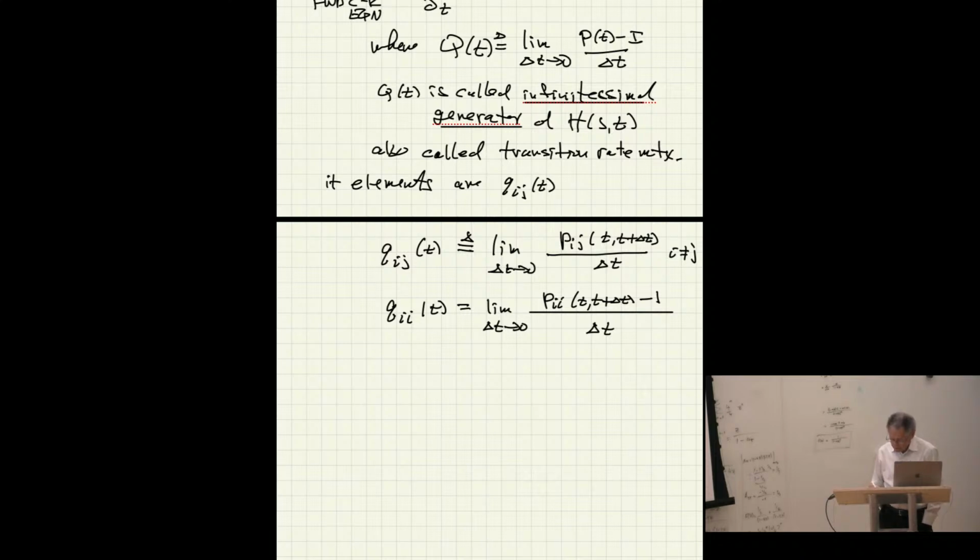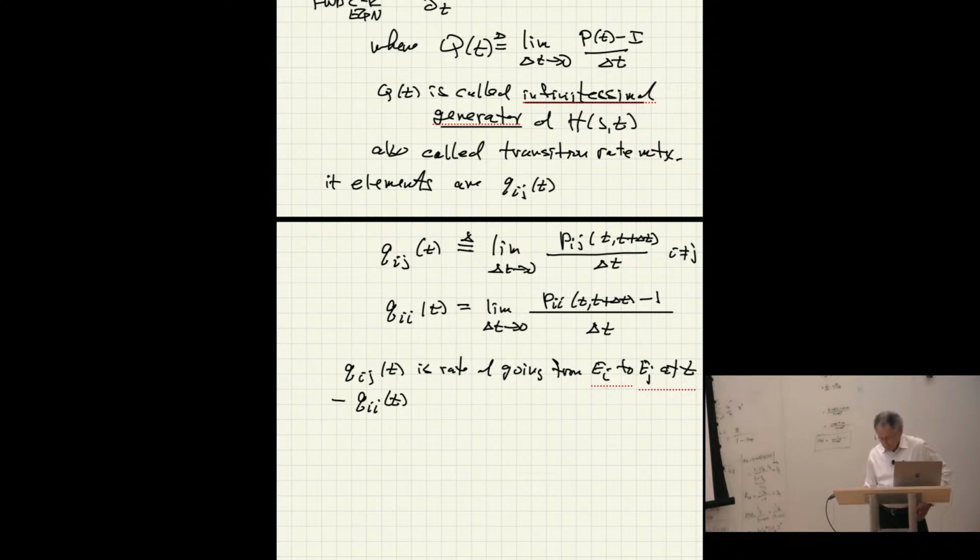So in terms of meaning, q ij of t, as I said before, is the rate of going from e i to e j at time t. And minus q ii of t is the rate of leaving state e i at time t.